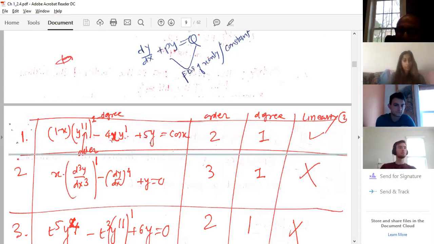All dependent variables and their derivatives appear only in first degree. Look at my cursor: 1, 1, 1, right? This is y dash, dy/dx, to the power 1. So the degree is 1 and the first condition is satisfied. That's why this equation is a linear differential equation. Agree? Any doubt?